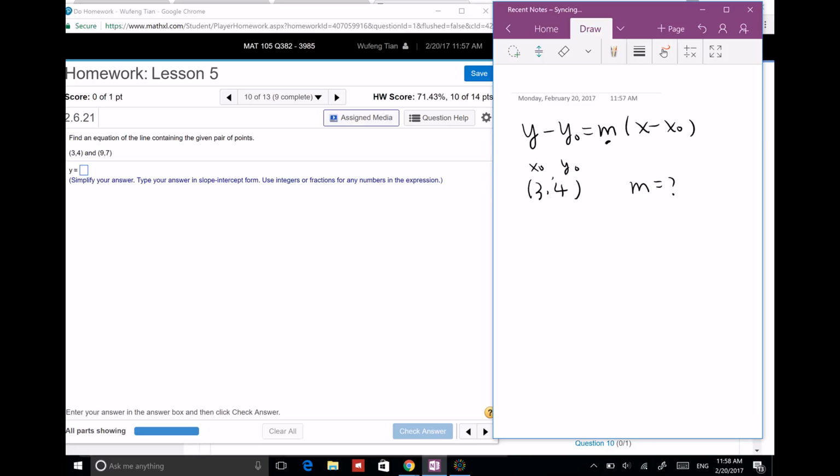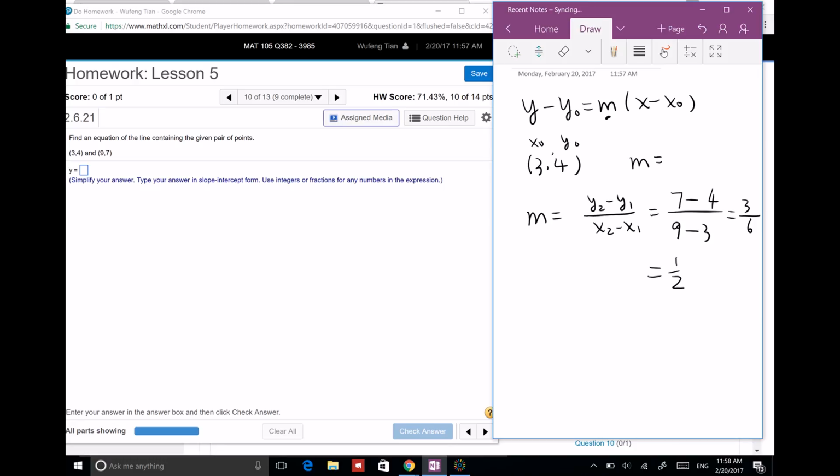But we can find m by using the formula m equals y2 minus y1 over x2 minus x1. So the second point, y2 is 7. First point, y1 is 4. Second point, x value is 9. First point, x value is 3. So we find that it is 3 over 6, and the answer is 1/2. So the slope is 1/2.